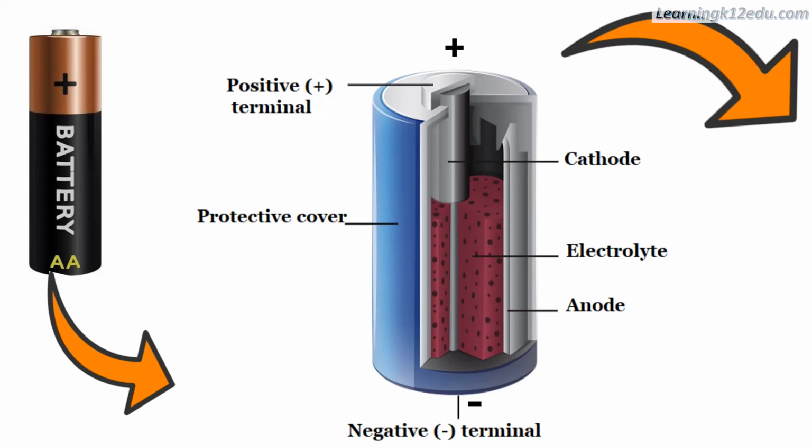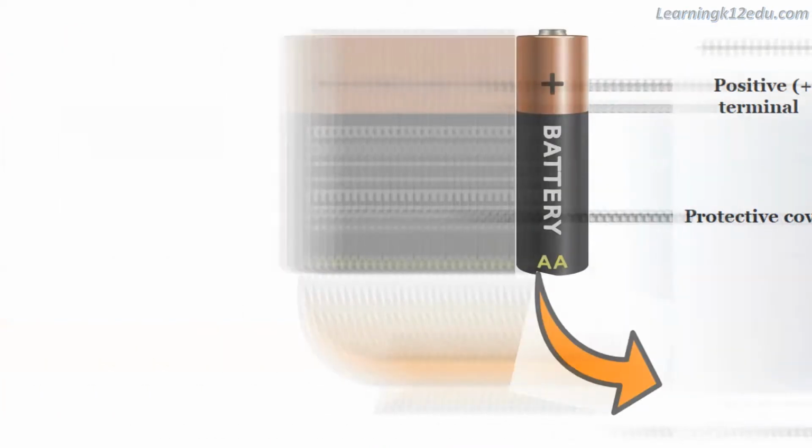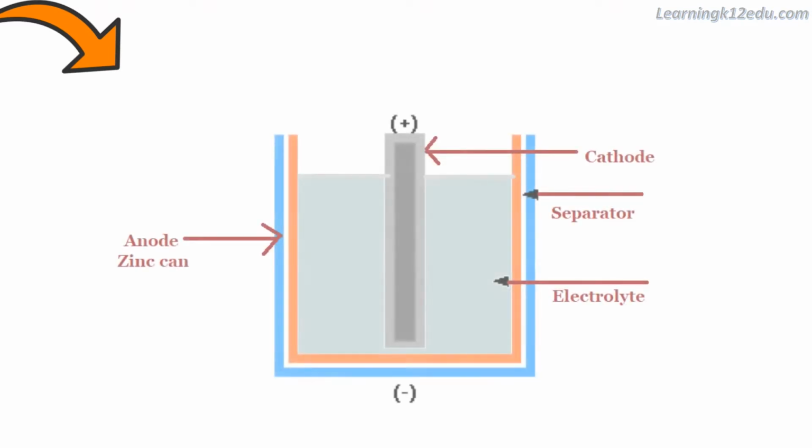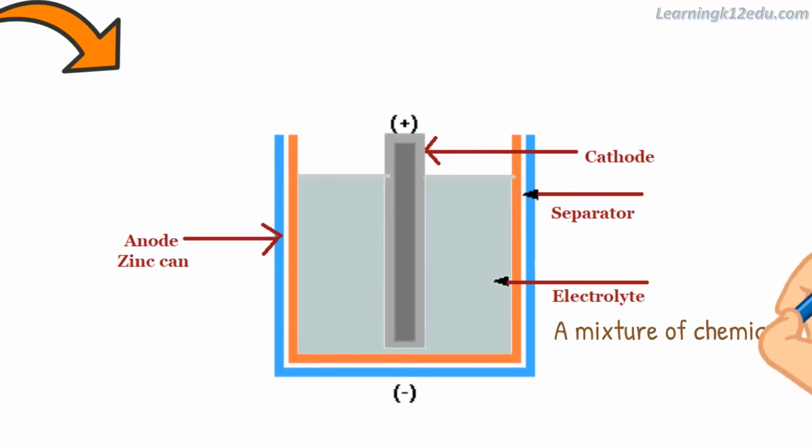Let's see a more detailed picture of a battery. A mixture of chemicals called the electrolyte is filled inside the battery.